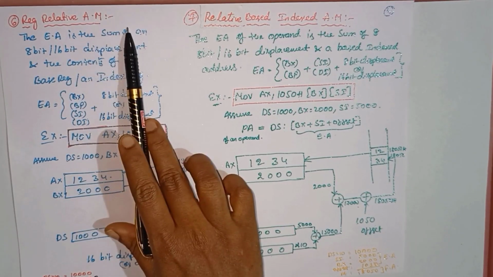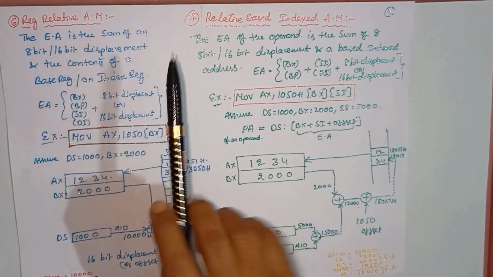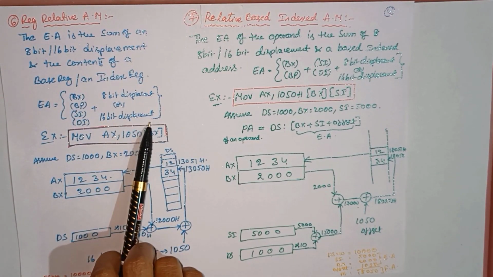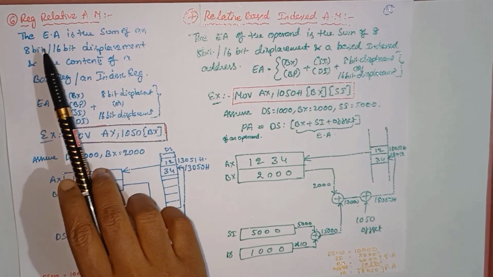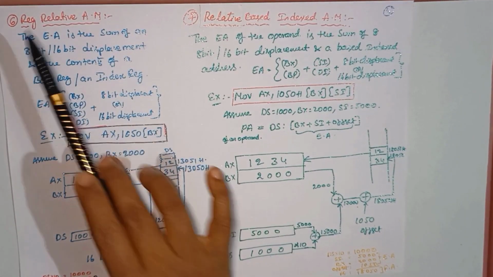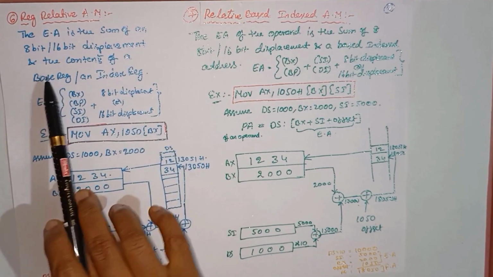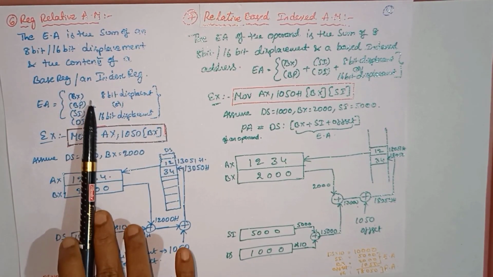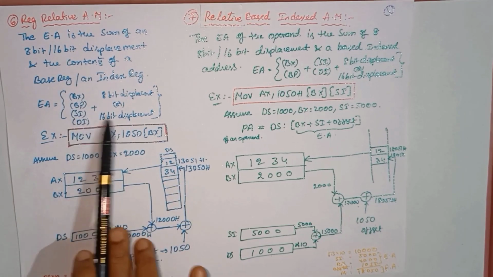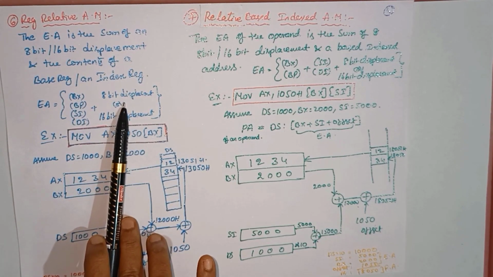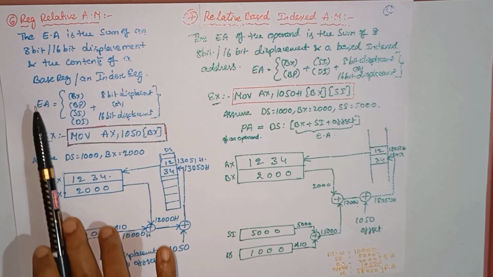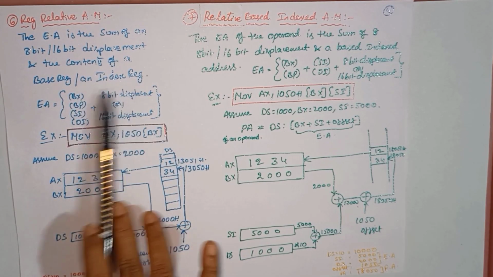Next, coming to the register relative addressing mode. Relative means 8-bit displacement or 16-bit displacement. For the register, we can use either a base register or index registers. The effective address is the summation of an 8-bit or 16-bit displacement and the contents of either a base register or index registers.